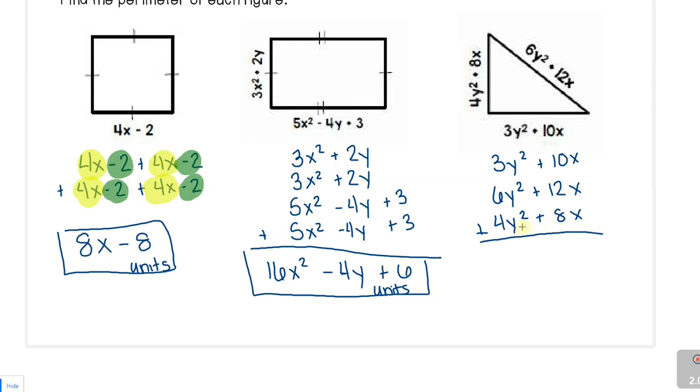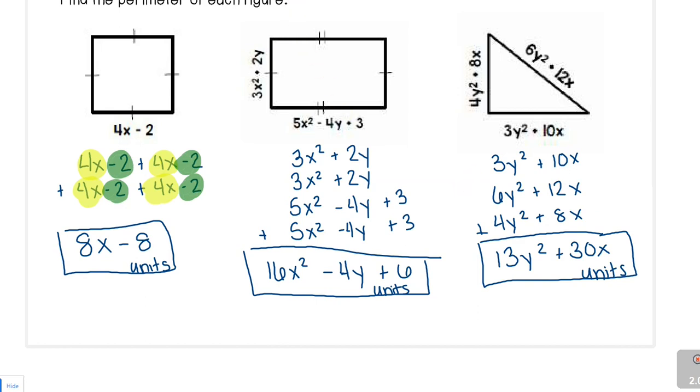We're going to add all of our y squareds. So 3 plus 6 plus 4 gives us 13y squared. 10 plus 12 plus 8 is 30x. So the perimeter of this triangle is 13y squared plus 30x units.